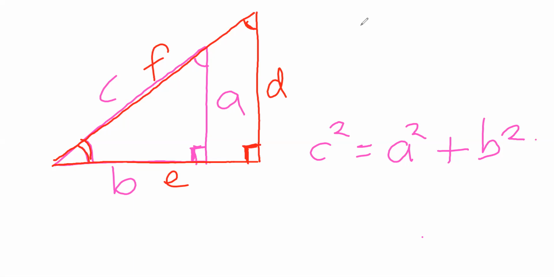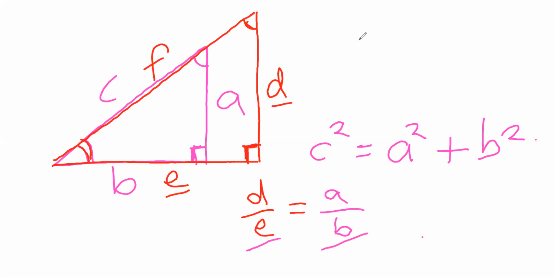So if you were to say D over E, if you were to take the length D and take the length E and divide that, so D divided by E, you would get that it's exactly the same as A over B. The relationship is exactly the same.